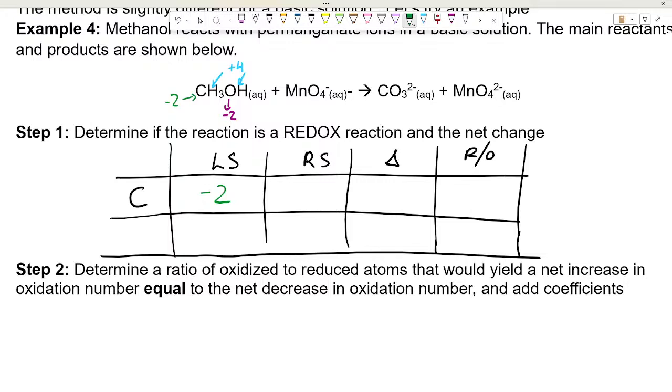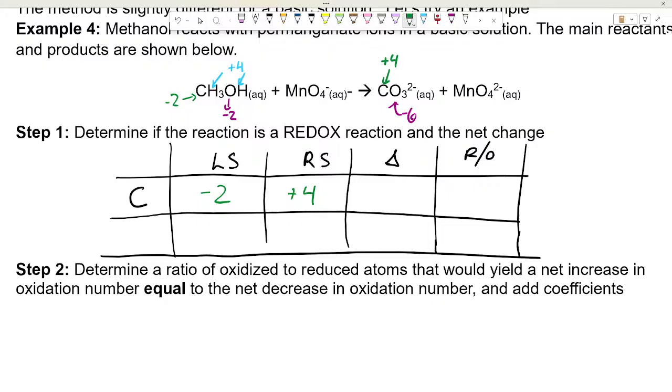What's it here? This whole thing has to add to -2. What's the oxygen giving us? Here? -6, good. The whole thing has to add to -2, so what is the carbon giving us here? +4. So its oxidation number is going to change from -2 to +4.